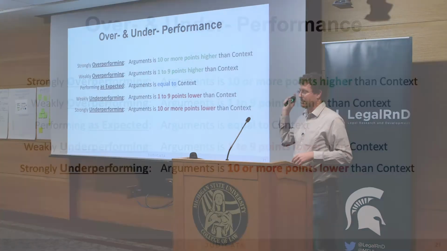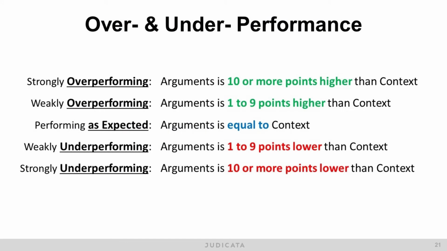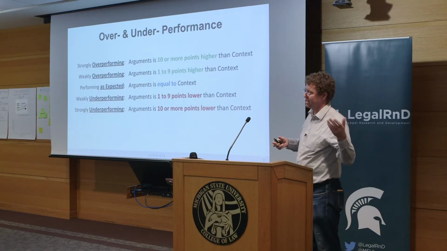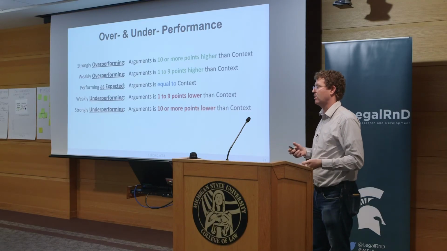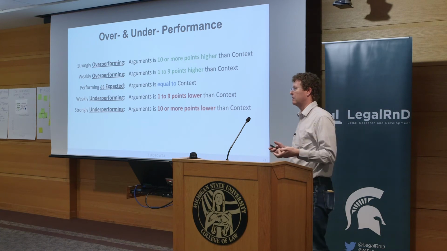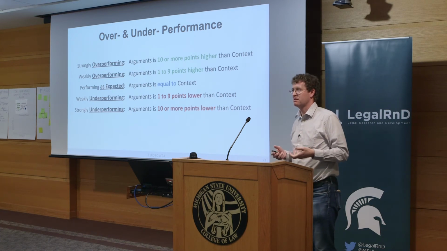You can actually look at the difference between the argument score and the context score. If the argument score is substantially higher than the context score, that means the arguments suggest the brief is more likely to win than you would think from the context. If the arguments score is substantially lower than the context score, it means the arguments look a lot weaker than the context suggests.